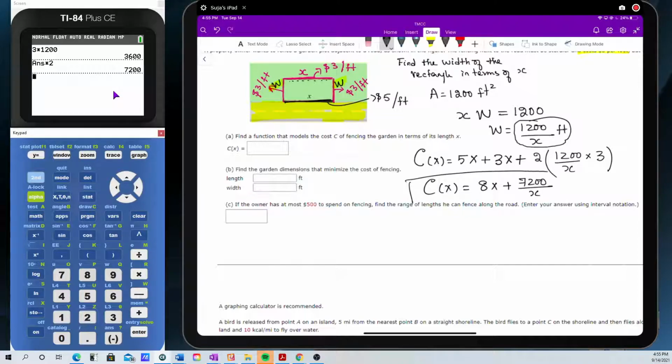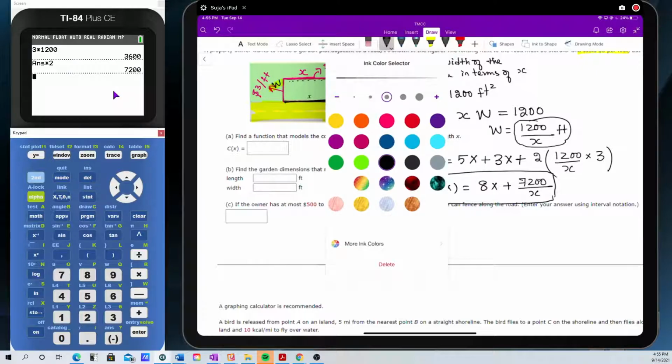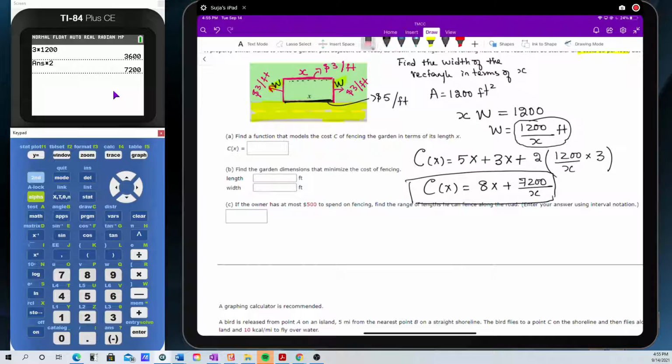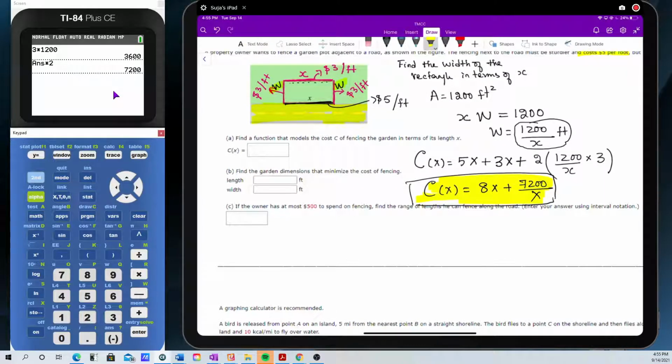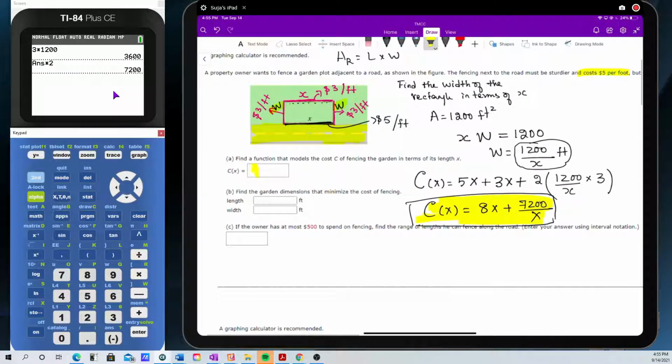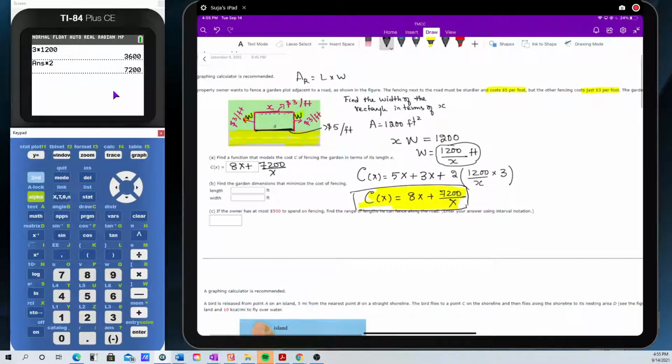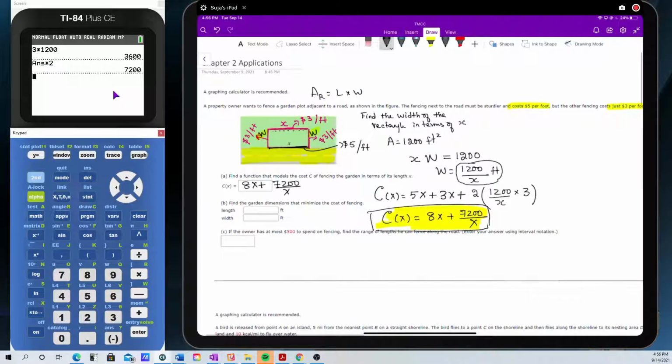And yes, this is the answer for part A. So my cost function C of x equals 8x plus 7,200 over x. Okay, so part A is over.